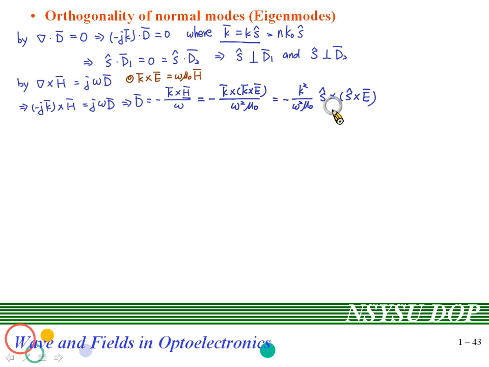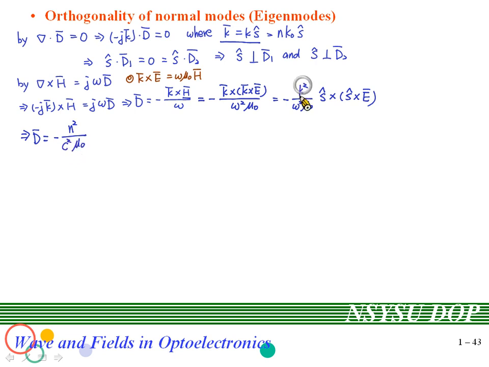The next step is to expand this expression. We have two curls here, and we can use the BAC-CAB rule to help us obtain that the D field is minus n square over c square mu 0.